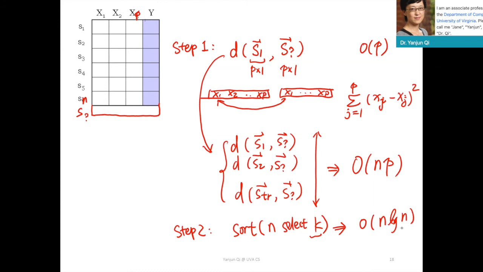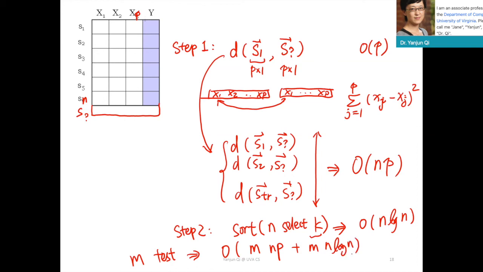And this is only for one sample. Assuming I have m testing samples, m test, this will be m times np and m times n log n.